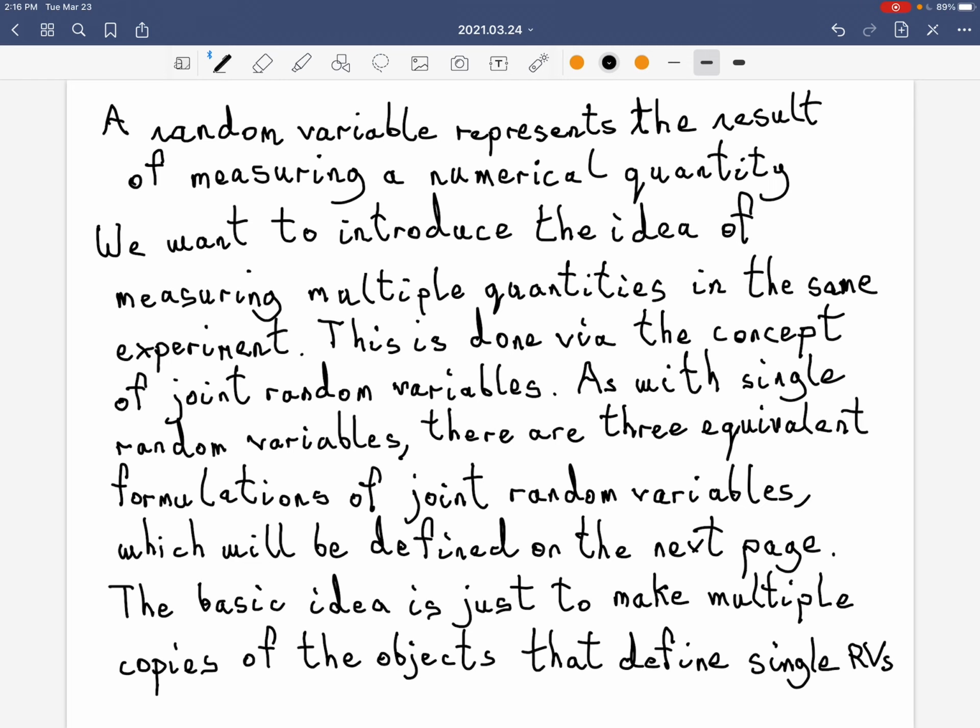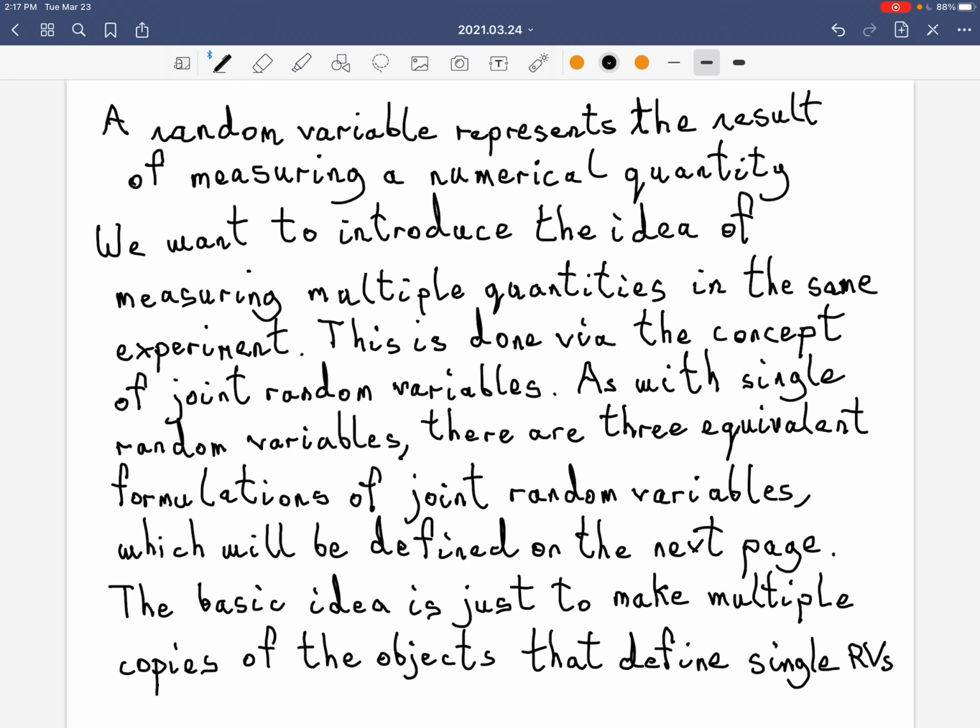So, the idea we want to use in order to formalize this kind of empirical situation is to use the same strategy mathematicians always do, which is to build new concepts by generalizing ones we're already comfortable with. And so, as with single random variables, there are three equivalent formulations of joint random variables, which we'll define on the next page.